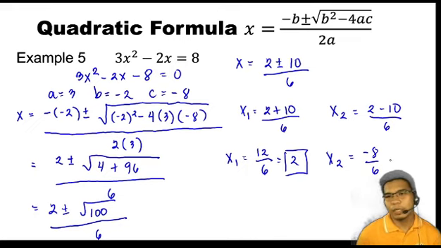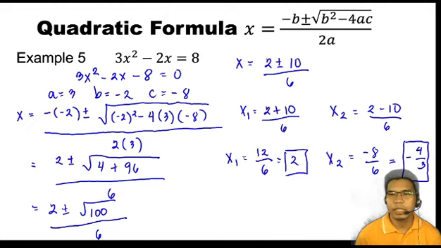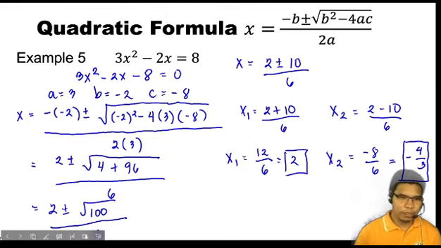And then get the lowest term. We divide by 2. Negative 4 over 3. Okay, so we cannot divide it further, so we're just going to get its lowest term or the simplest form. So the solutions of the quadratic equation 3x squared minus 2x equal to 8 is positive 2 and negative 4/3.